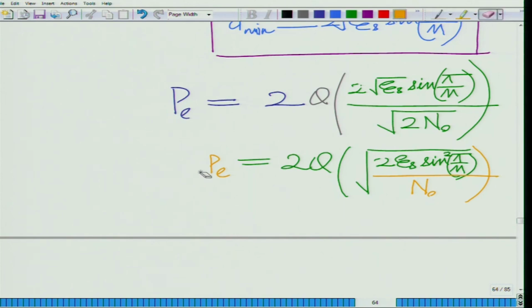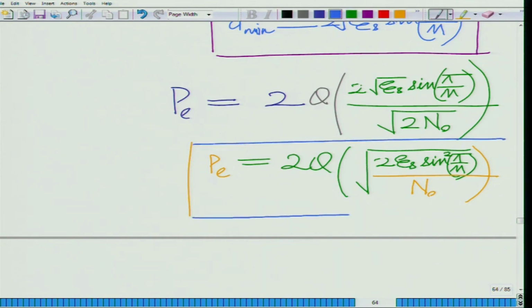Remember, this is not an exact expression, this is an approximation, and in fact this approximation is very close as Es by N naught increases.